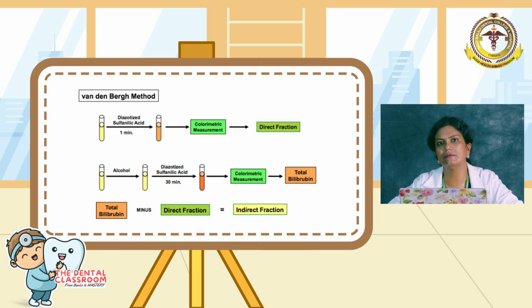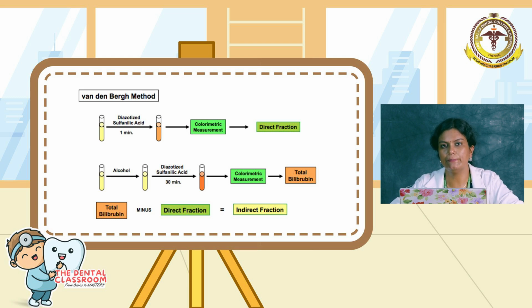So, when you add the sulfanilic acid reagent, the bile pigment may not react with it, and therefore you will not get a color instantaneously. However, by adding alcohol, you denature the albumin. As a result, now the bile pigments are free to react. They react with the reagent and give a purple color upon addition of alcohol. So, this confirms the presence of unconjugated bilirubin.